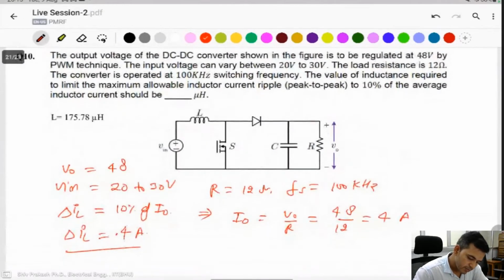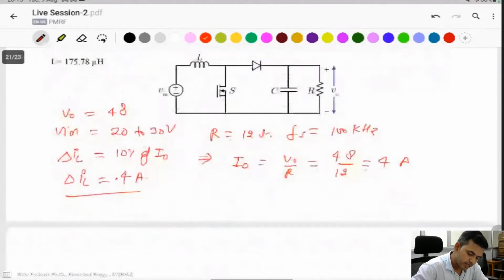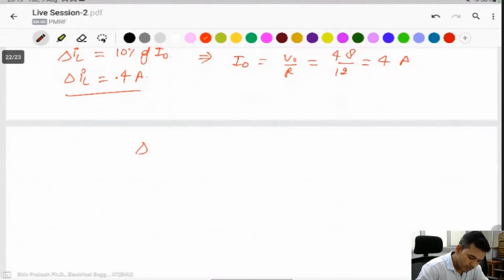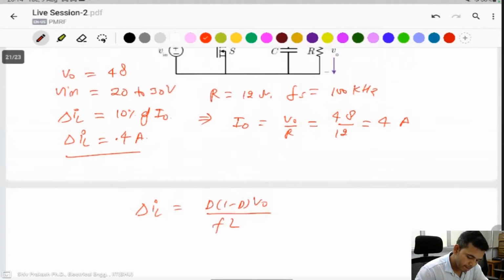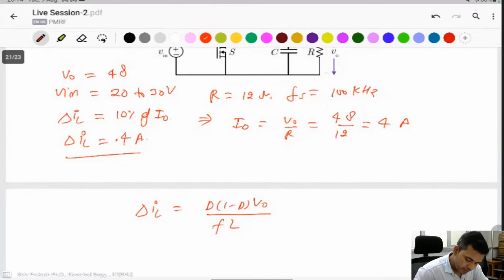Also given the maximum allowable inductor current ripple. We know delta IL is equal to D 1 minus D V naught divided by FL. It is maximum when the D ratio is, and can also change for the 1 minus D.